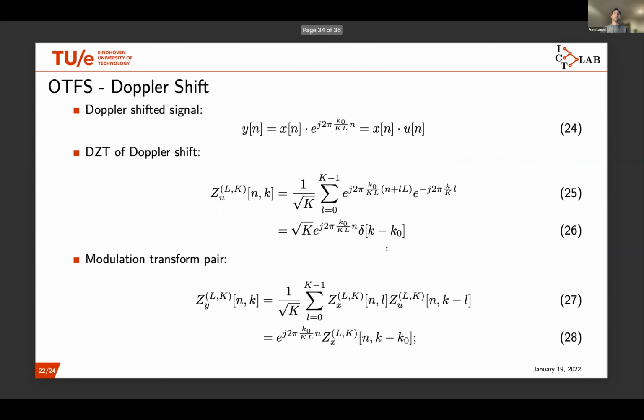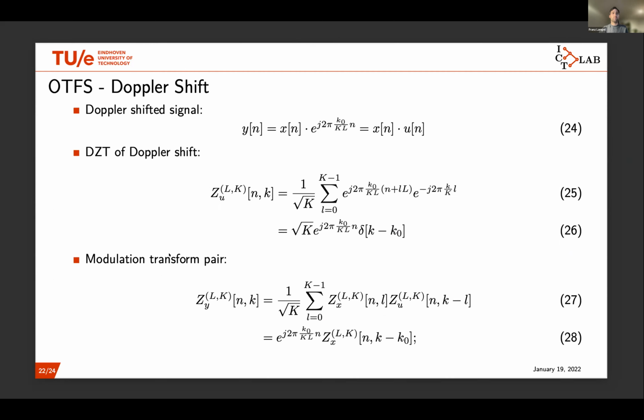And for modulation, I didn't work out the graphical way, but you can also do it in a math way, very simple, by using this modulation property. For example, when you have a delay modulation, Doppler shift, we can model this by this complex exponential here. Let's call this U of n. By looking at the Zak transform of this U of n, we can see that this is nothing else than a delta function with some additional complex factor.